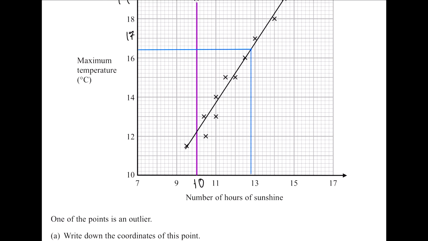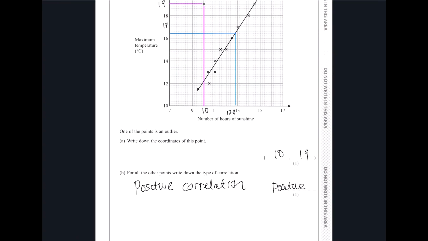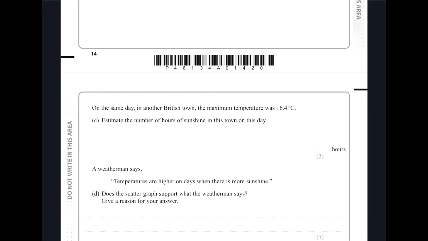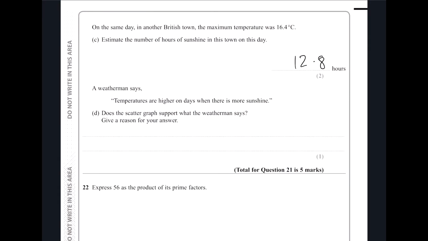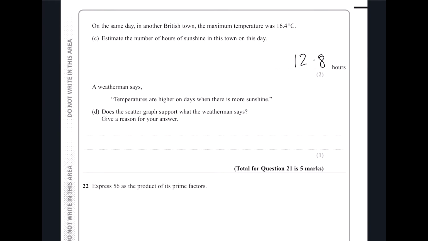And as we see, that's roughly 12.8. So we get 12.8 as our answer.